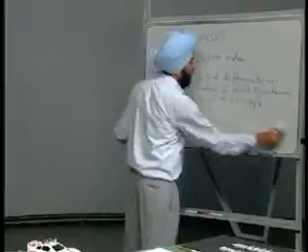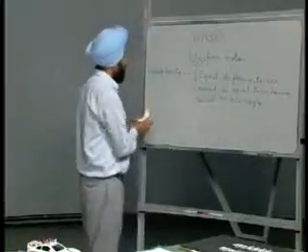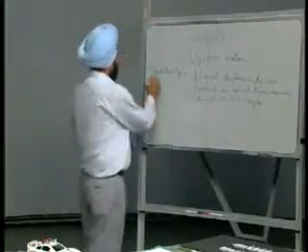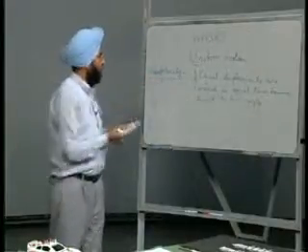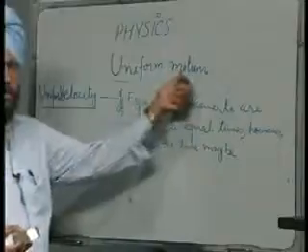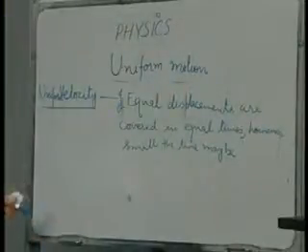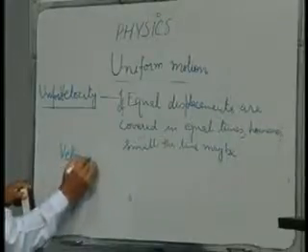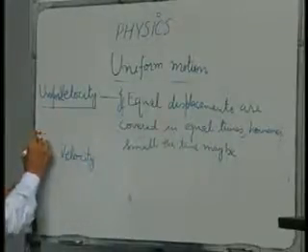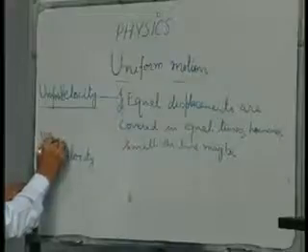The motion under uniform velocity is uniform motion. If velocity is not constant, velocity is not uniform, we call this velocity as variable velocity.